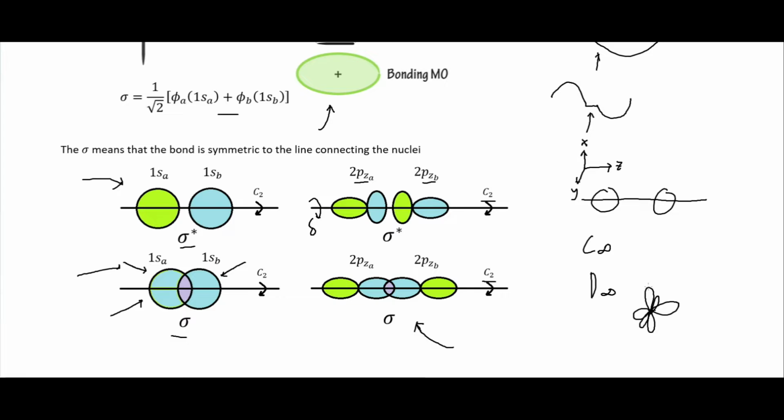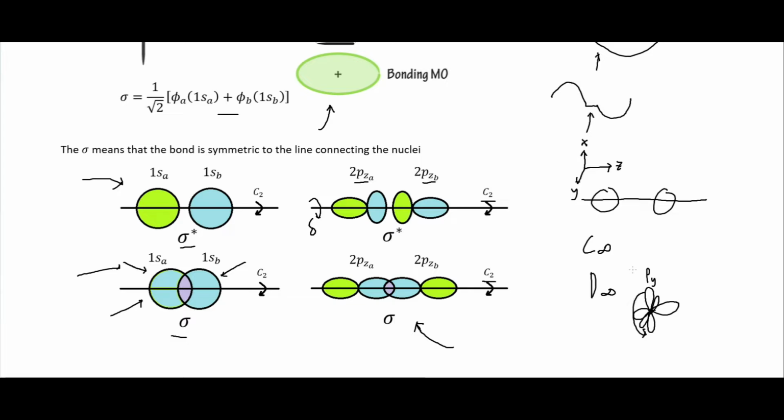And with these sticking up on here, we actually get a C2 symmetry, because we can rotate that 180 degrees to get back to the same. So if this is the py here, then we would get back to the py after a 180 degree turn.